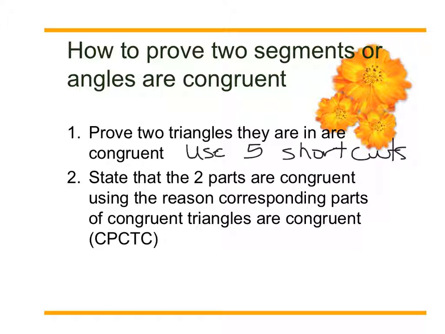The reason is an abbreviated version of this long statement, which states that 2 parts are congruent using the reason corresponding parts of congruent triangles are congruent. So in the reason column, you're going to write the letters C, P, C, T, C.